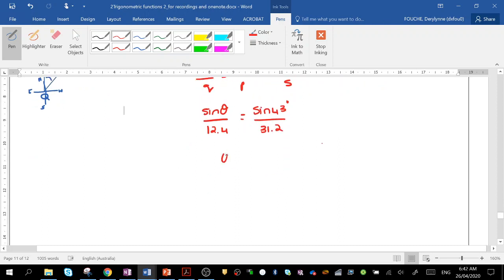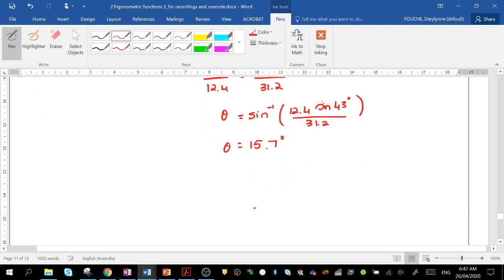And our theta, which is our unknown angle, is our inverse sine of 12.4 sine 43 over 31.2. So theta equals 15.7 degrees. Now, because this is a worded problem, you're going to have to draw a conclusion.